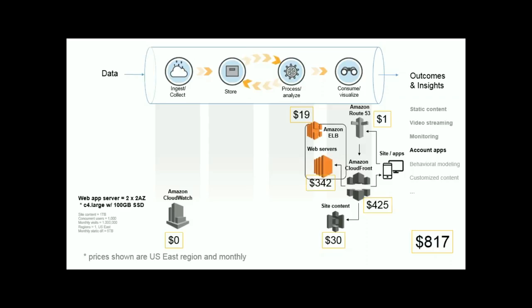So we'll run 2 of these, and we'll run across 2 availability zones to give us very high availability. And on the backing of these C4s, we'll run maybe 100 gigabyte SSDs. The price of this comes in at just around $350 for that backend server. Now, when we add all of this together, we're still in about the $800 range, which for a serving layer and for the application of the web servers is still quite reasonable.